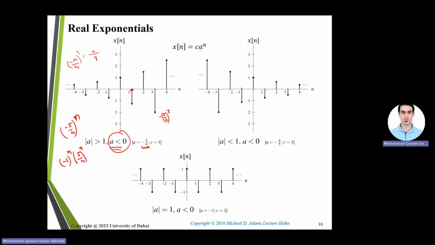So you're getting this value here. Or in this example, negative 5 over 4, so that's a negative value. Now at n equal to 2, negative 5 over 4 squared is going to be 25 over 16, and that's going to be a positive value. That's why you notice this alternation of the values of the function, because the sign of a is less than 0, or a negative sign.